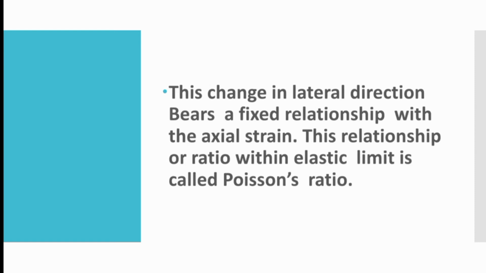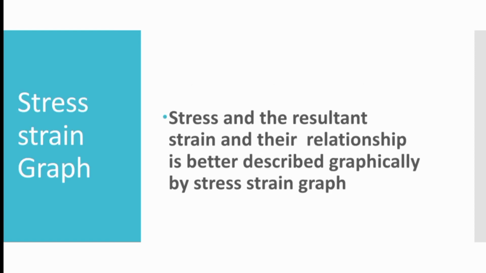This change in lateral direction bears a fixed relation with the axial direction. This relationship or ratio within elastic limit is called Poisson's ratio. The definition of Poisson's ratio is very important, as it will be asked frequently in your exams.